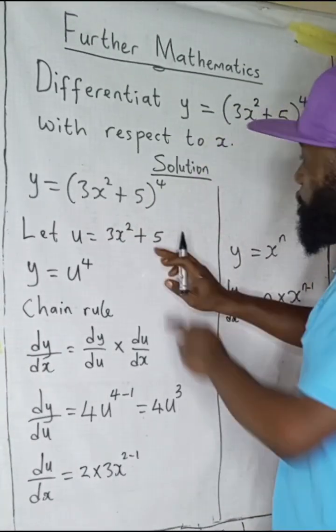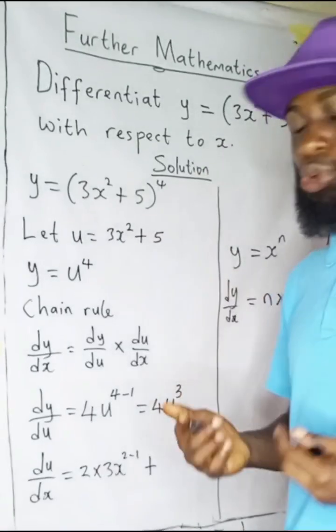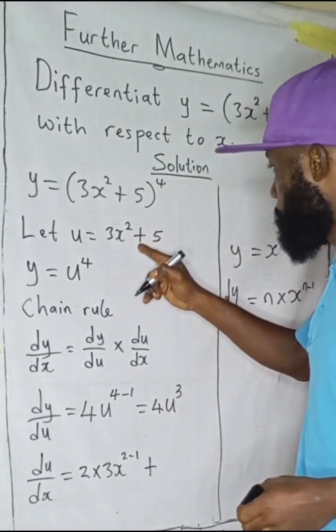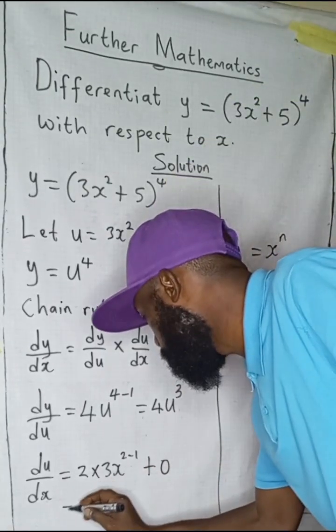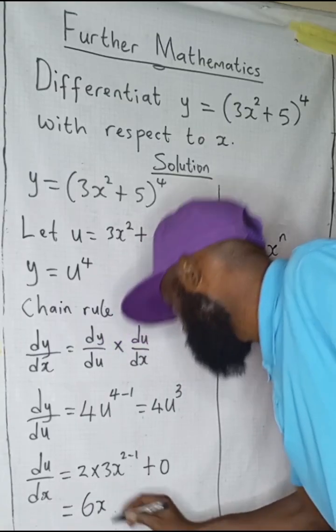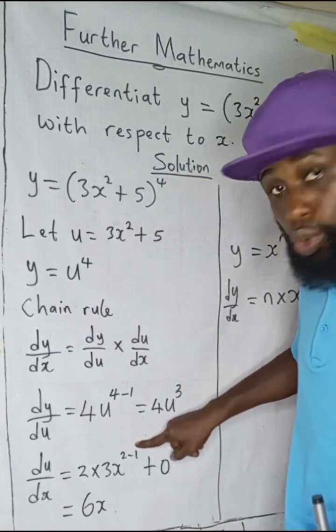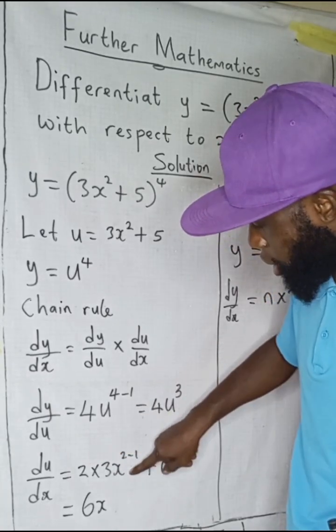And whenever we differentiate a constant, an ordinary number, we are going to have 0, whether it is positive or negative. So finally du/dx is 2 times 3, 6x, since 2 minus 1 is 1.